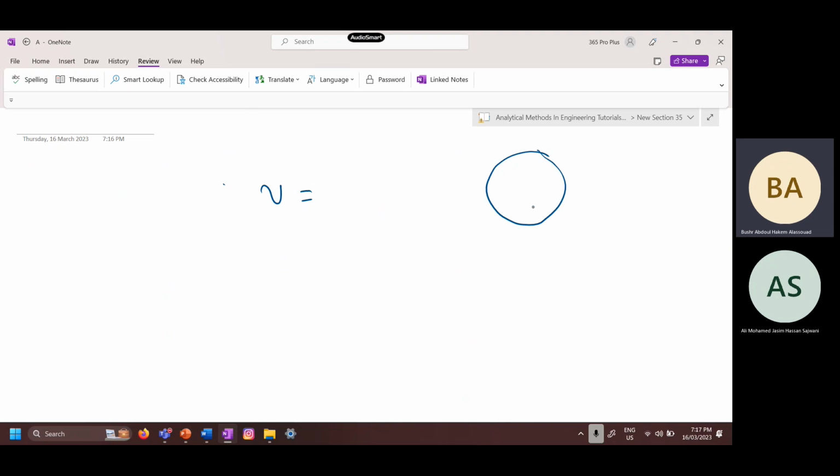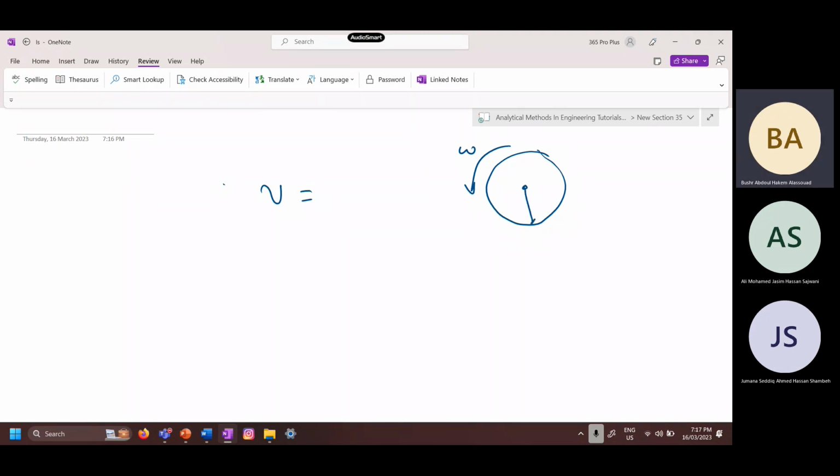A rotating object that has an angular velocity and radius r, moving along this path. Find its velocity. You can find the velocity using this equation: v is equal to omega r.